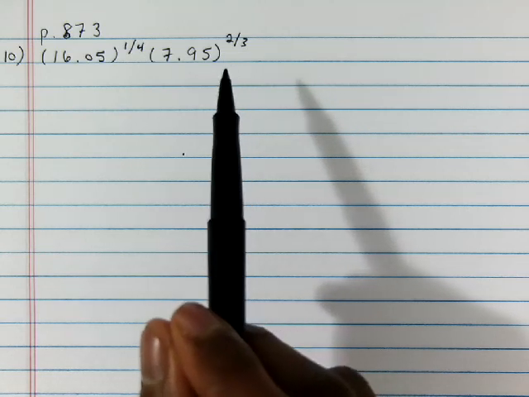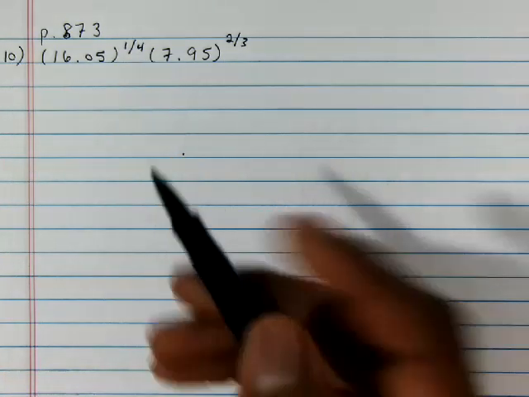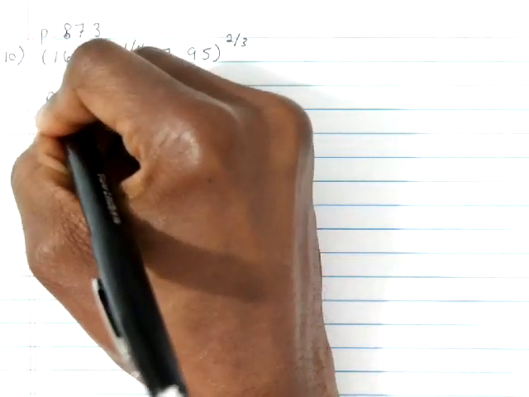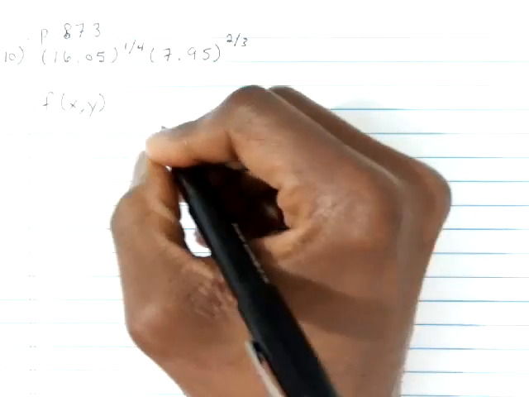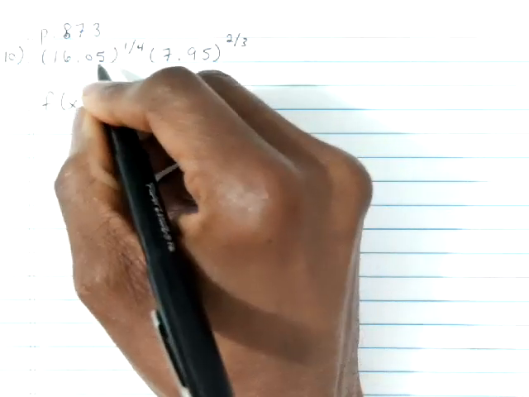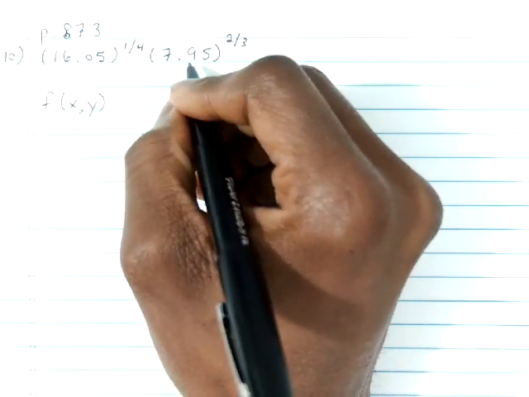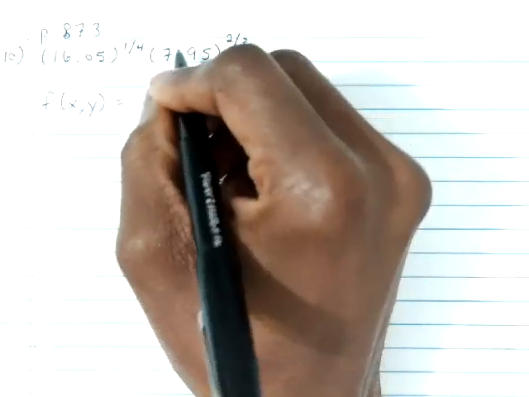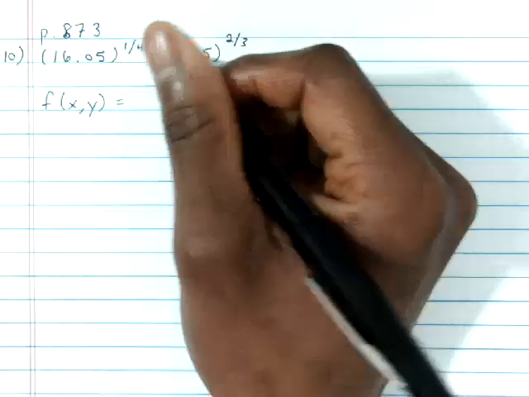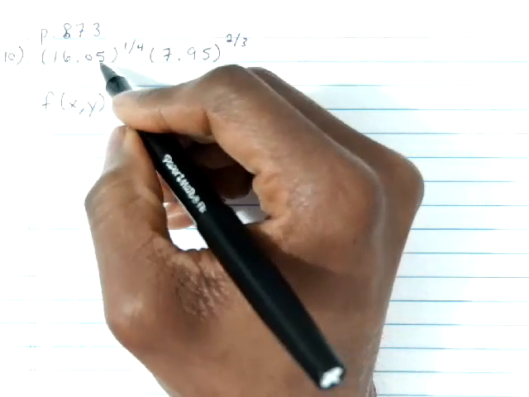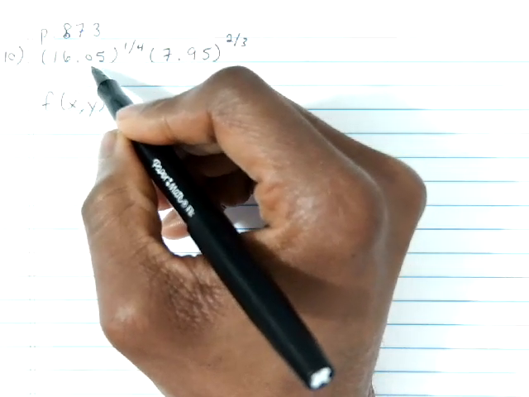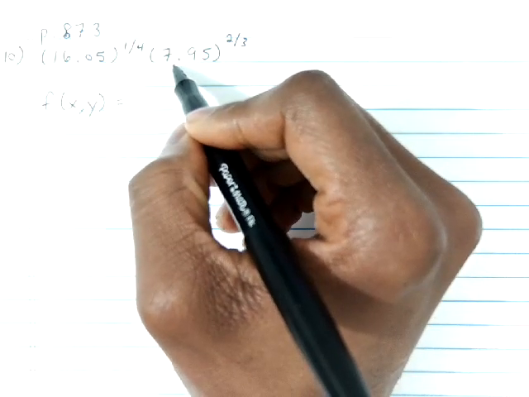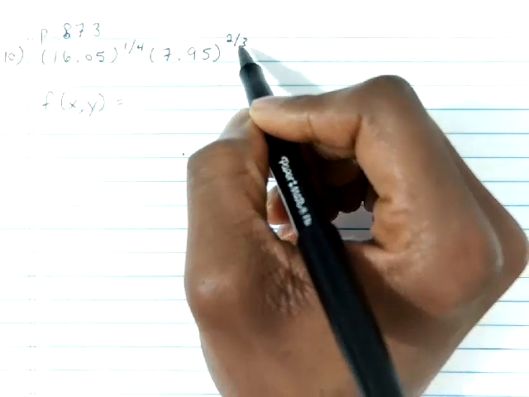So for this particular problem, the function that we're approximating, or coming up with a linear or tangent plane approximation for, will be f of x, y equals x to the 1/4 times y to the 2/3, or some variant of that. You could switch your x and y or whatever. It wouldn't be something like 16.05 to the x times 7.95 to the y.